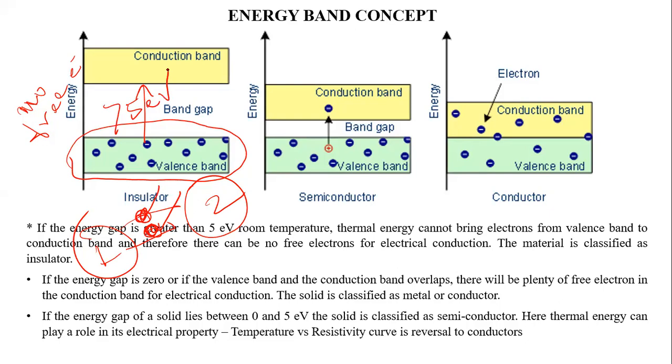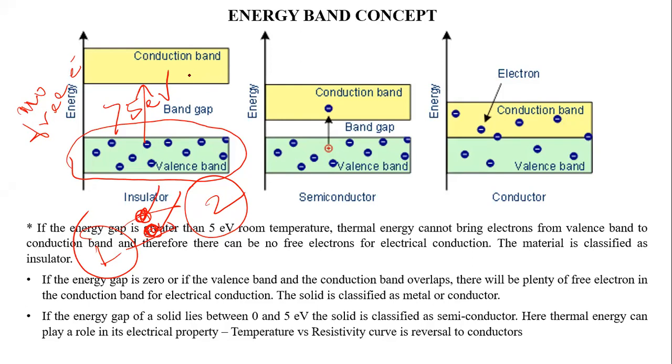From the energy band concept, in order to lift electrons from the valence band to the conduction band to become free electrons, we need more than 5 electron volt of energy.